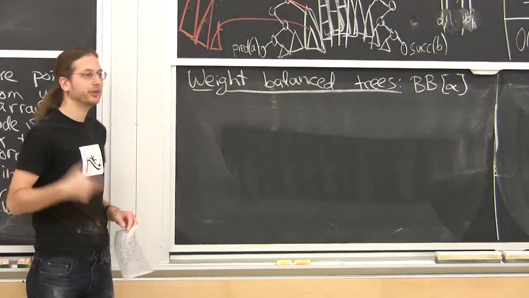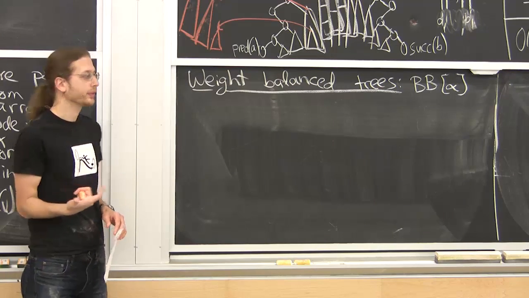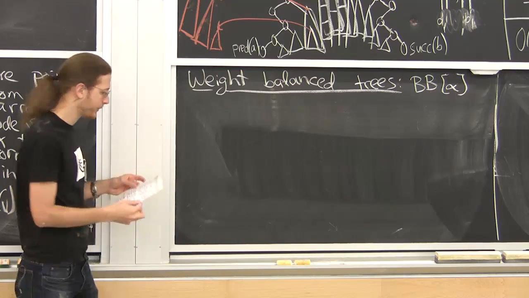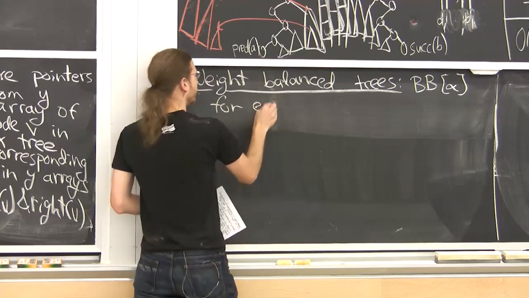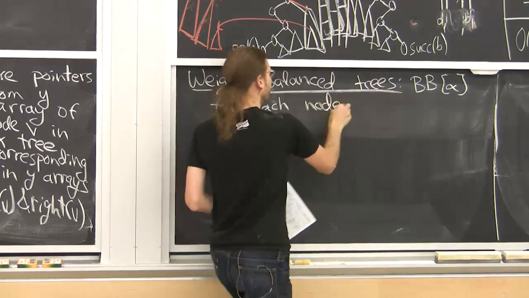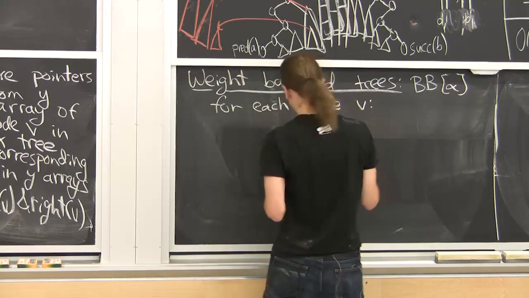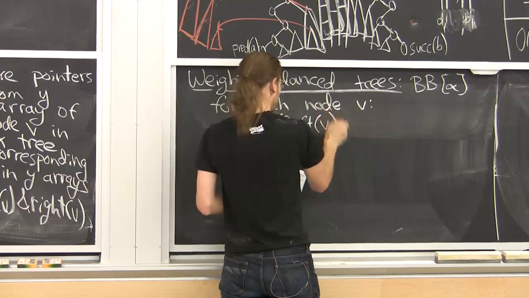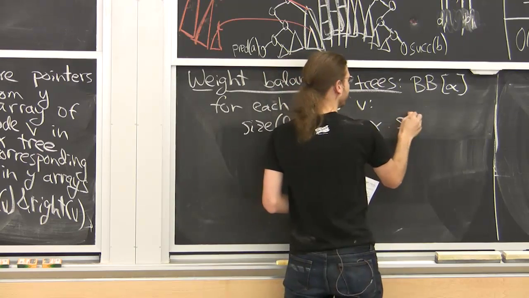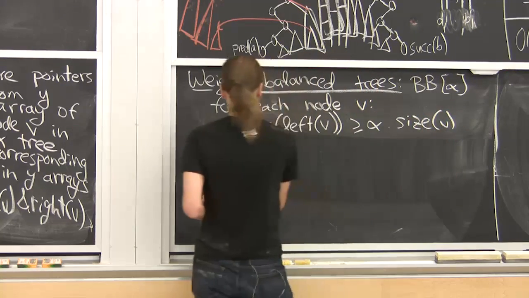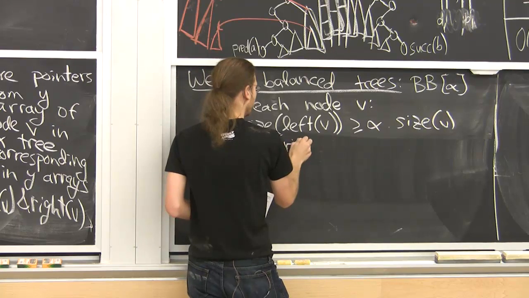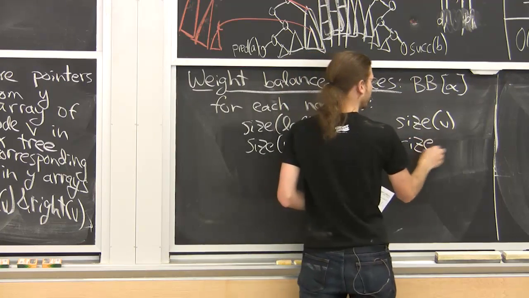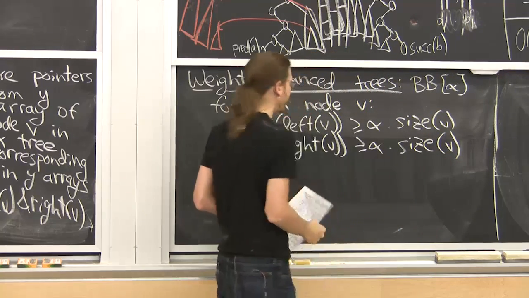Weight balance trees: weight is the number of nodes in a subtree. I want to keep the size of the left subtree and the size of the right subtree to be roughly the same. So here's the definition of BB alpha trees. For each node V, the size of the left subtree of V is at least alpha times the size of V, and the size of the right subtree of V is at least alpha times the size of V. Now, I didn't define size.